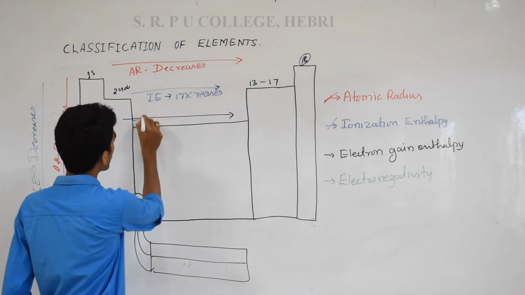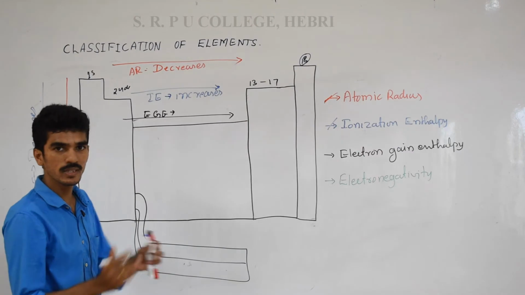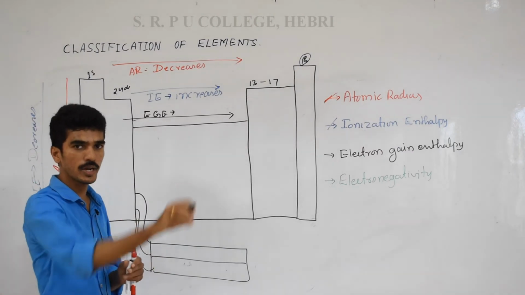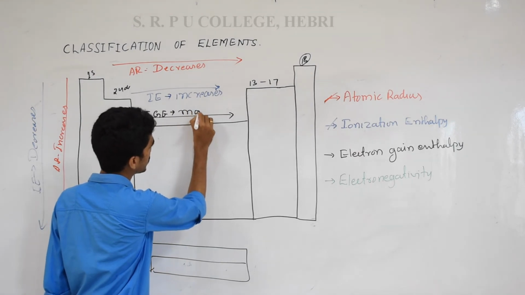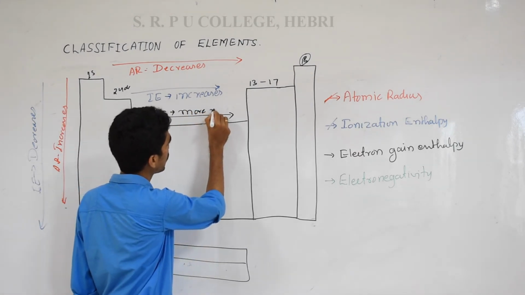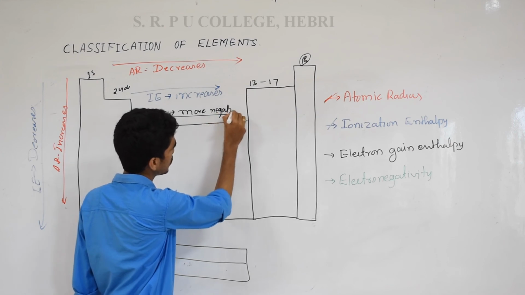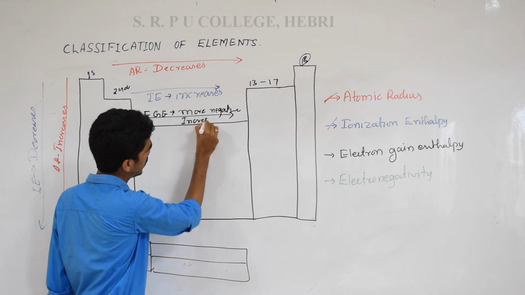As size decreases, the capacity to add an electron also increases. So it becomes more negative, meaning energy released across the period. In general we can write increases.